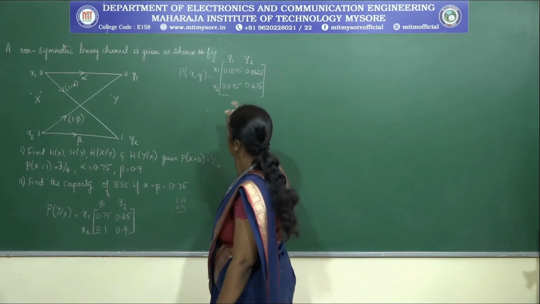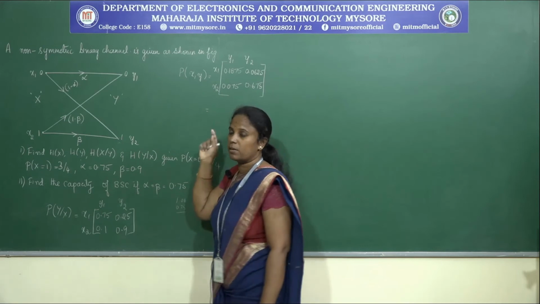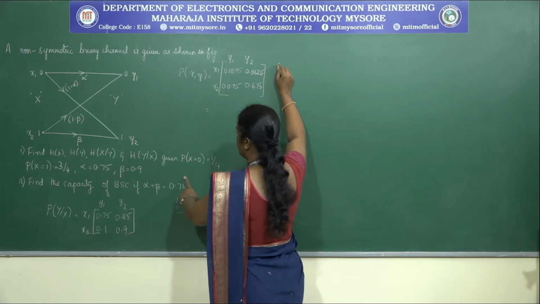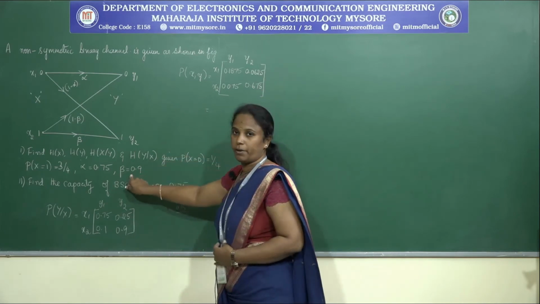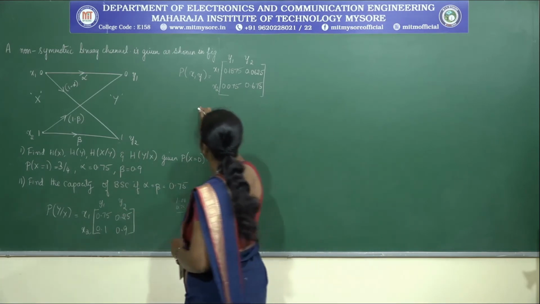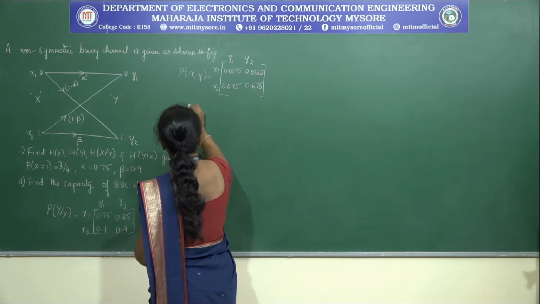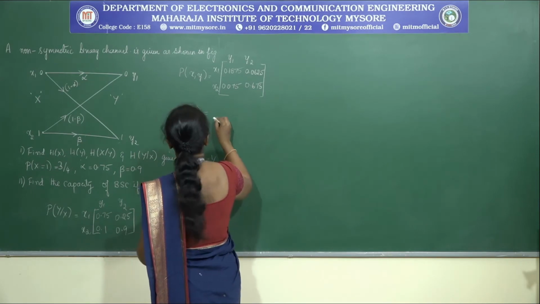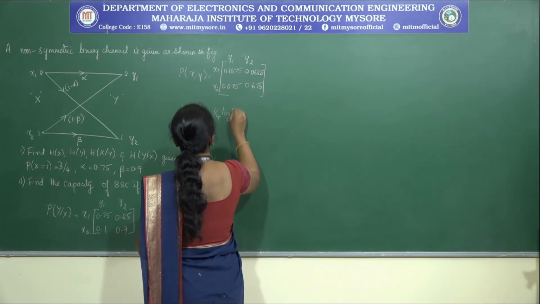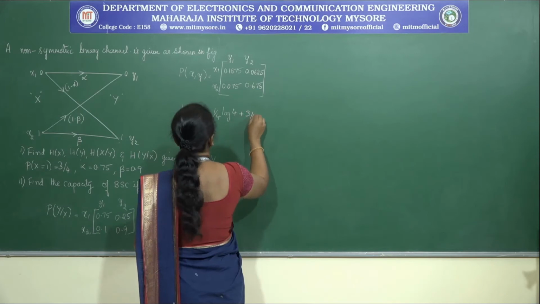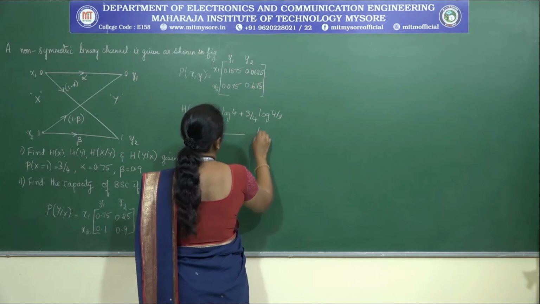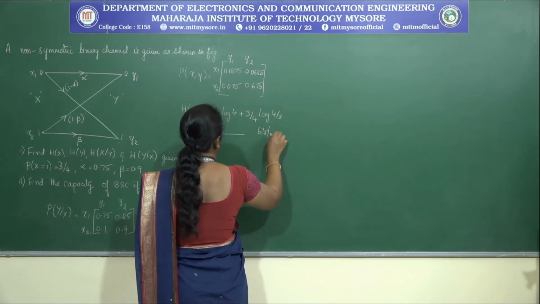So this is your joint probability matrix. Once you find this, you can find h of x. h of x is equal to p of x1, that is 1 by 4 log 4 plus 3 by 4 log of 4 by 3. So you will be getting h of x.